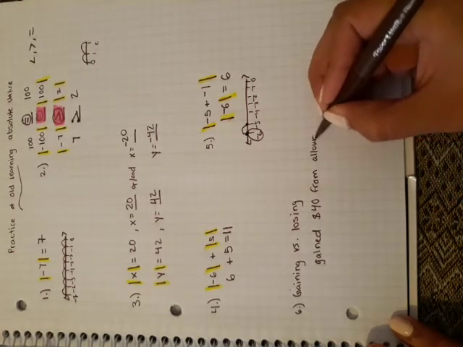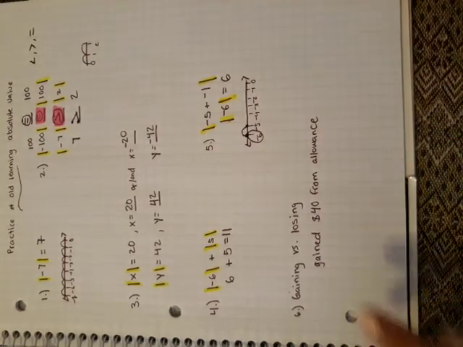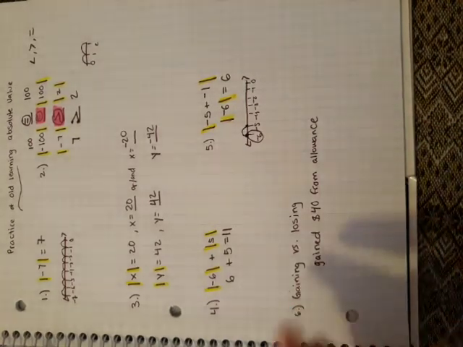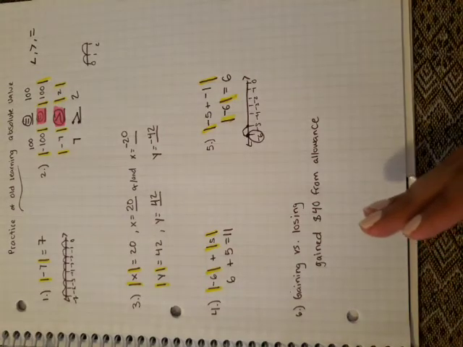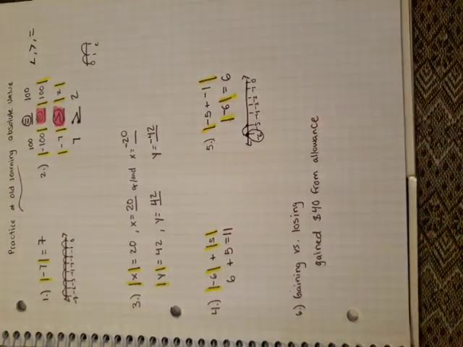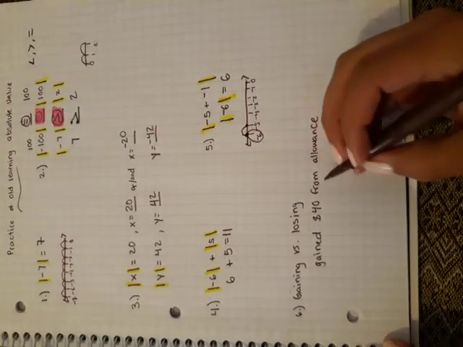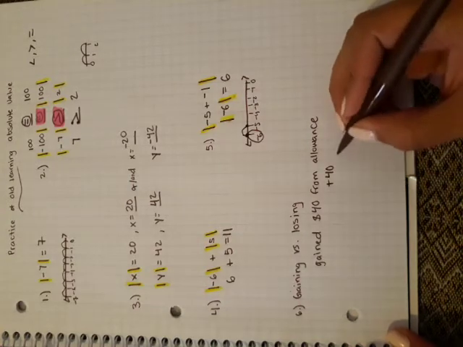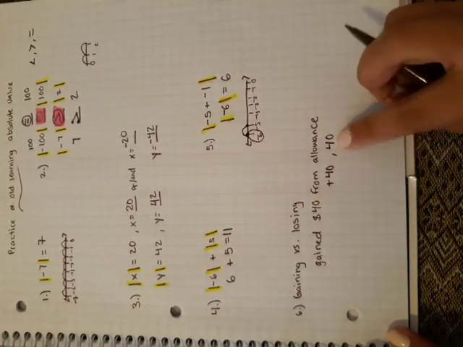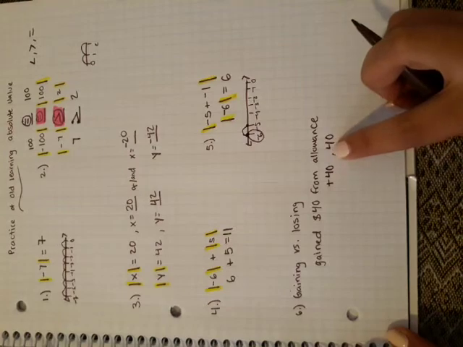How would you write it as an integer? Well, if you gained, that means you added, right? So would that be positive or negative? Right? If you had $0 and now you have $40, positive, right? You can go plus 40 or just 40. We know it's positive even if you don't put the plus sign in front.